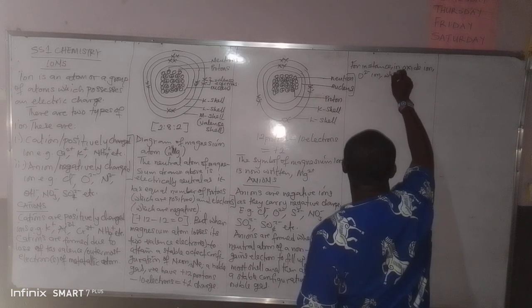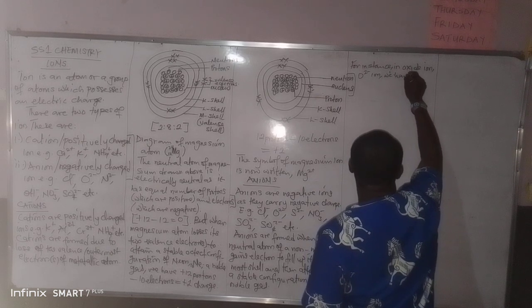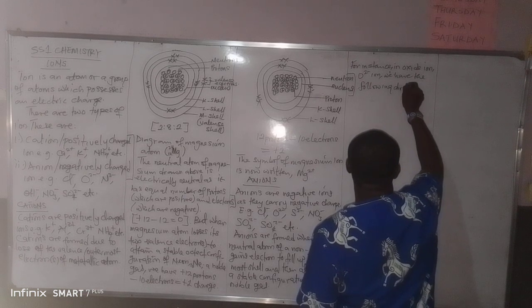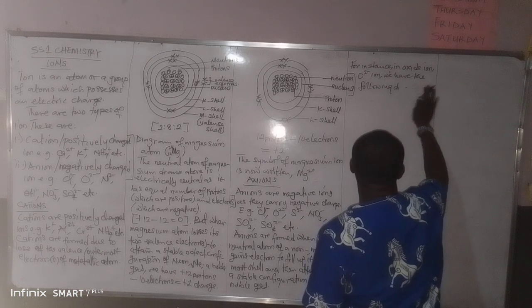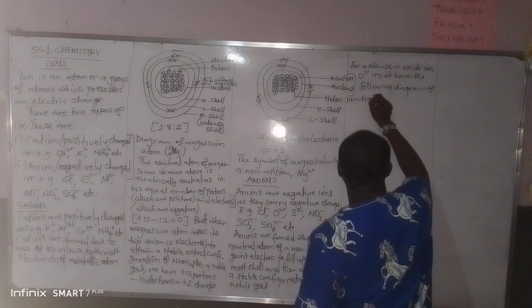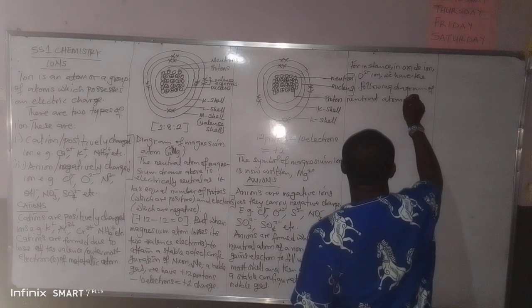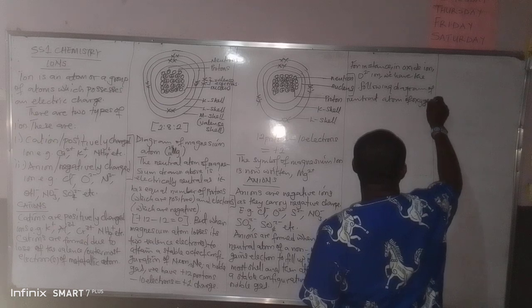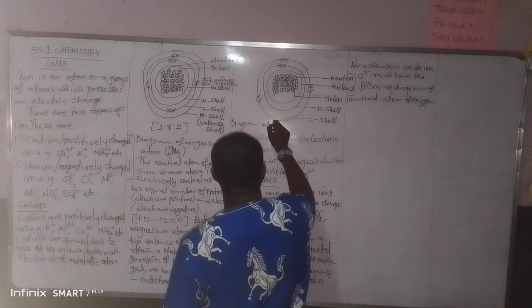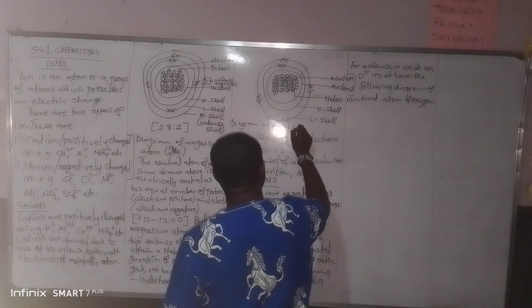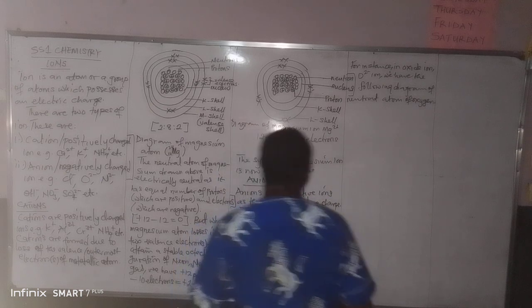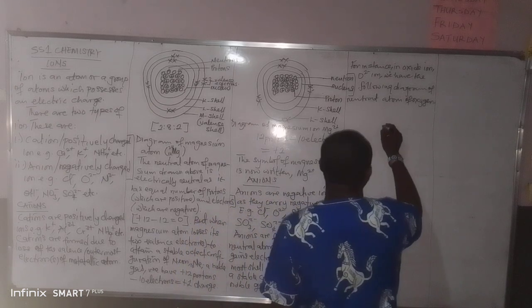So we have the following diagram of the neutral atom of oxygen. What we have above here is the diagram of the magnesium ion, Mg2+.